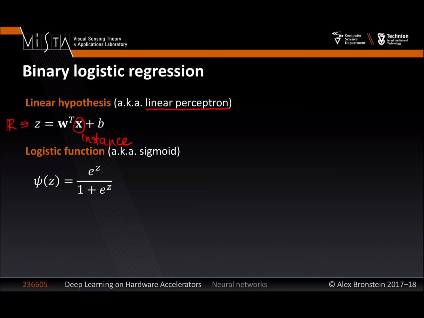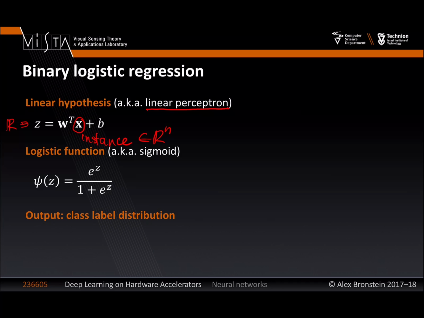So our instance comes from some n-dimensional space, and the output is just a number. Then we plug this number, which can be from minus infinity to plus infinity, into the sigmoid function, and we get an image between 0 and 1.